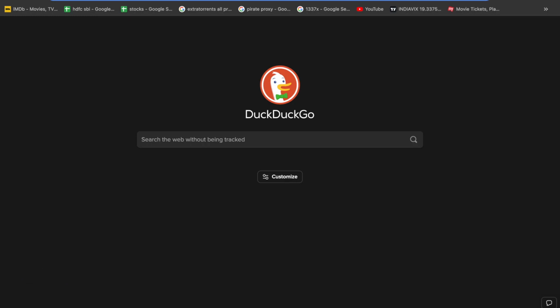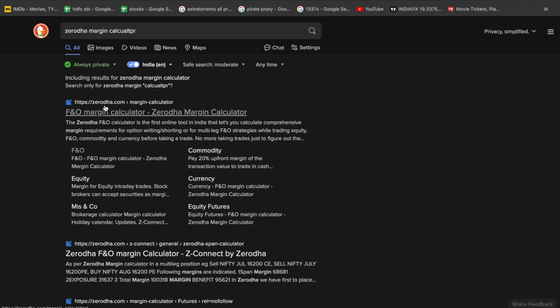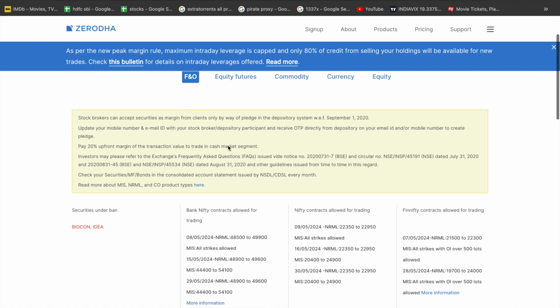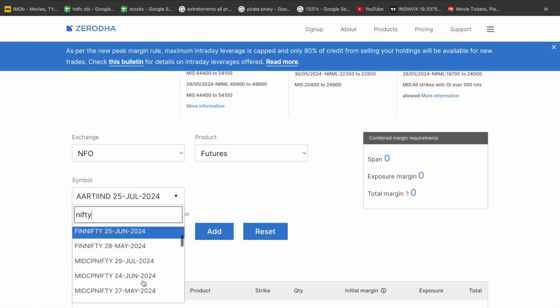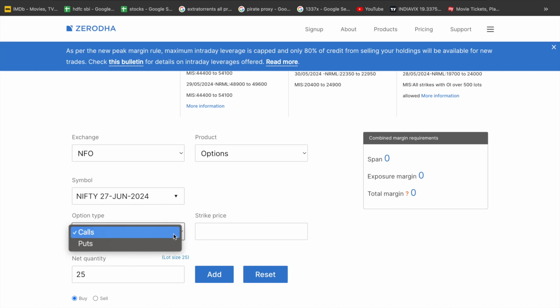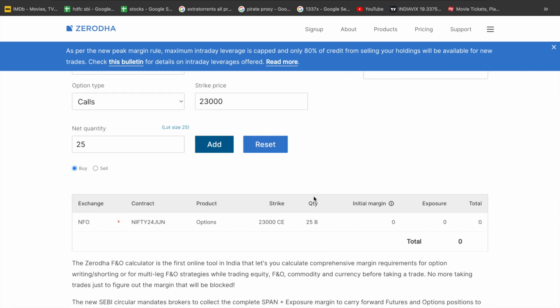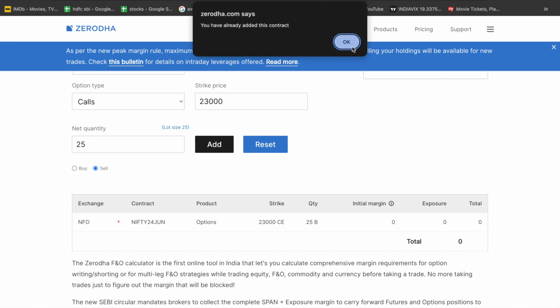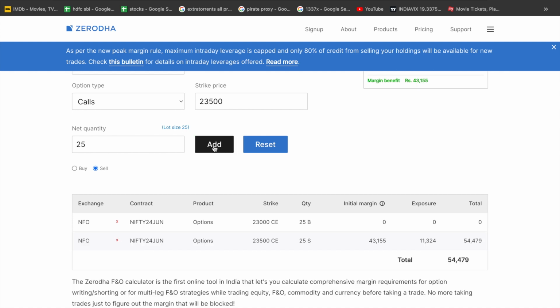In Zerodha, the margin calculator, what is the margin showing for that? Let's check the margin calculator. And if we go for FNO and we go for Nifty, and if we go for the June contract, go for these options, and if we sell the call at 23,000, let's just check 23,000. If we add this CE, okay, let's just do 23,500 CE if we add.